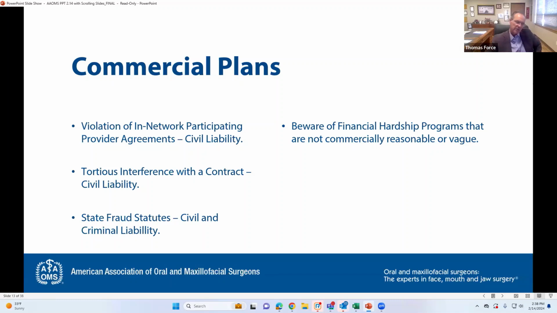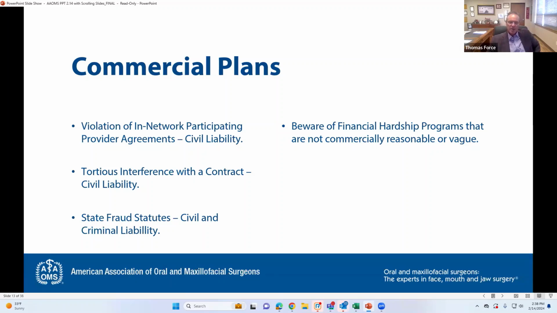It requires the members to pay their coinsurance and deductible. You're waiving it, so you're interfering with the contract we have with our member. Civil liability attaches. You could be sued for damages. State fraud statutes, we just covered the New York and New Jersey ones, involve not only civil liability, money damages, but also criminal liability.